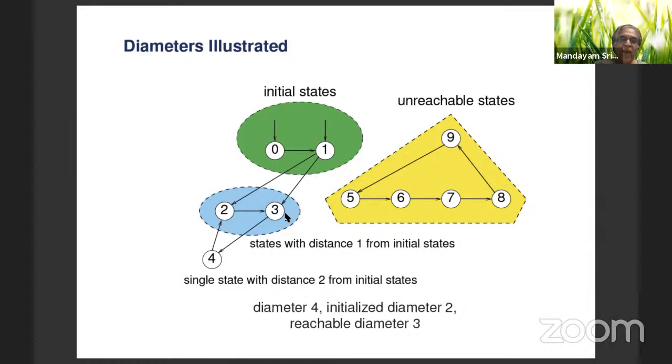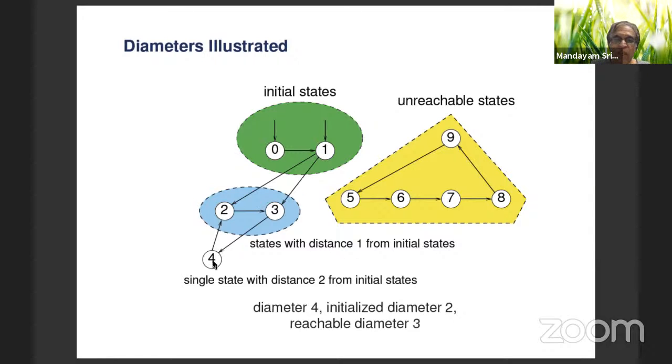The diameter is the longest among all the states that are reachable from one of the initial states. The state that has the longest distance is considered the initialized diameter. So the initial diameter in this case is 2.